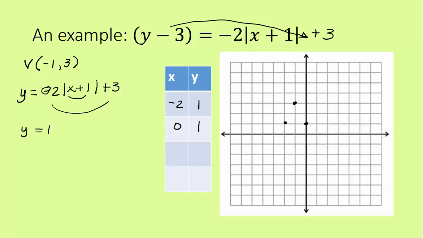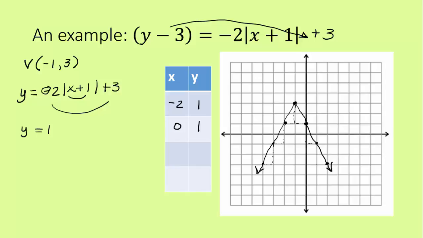We could plug in more points, but what we're going to find is this ratio right here, 2 down, 1 over, is going to repeat itself. Because basically these are linear equations, but that absolute value creates that bounce that makes it a v. So in the other direction, we've got down 2 over 1, down 2 over 1 repeats. And so our v is going to go down through these and down through the others, like that.